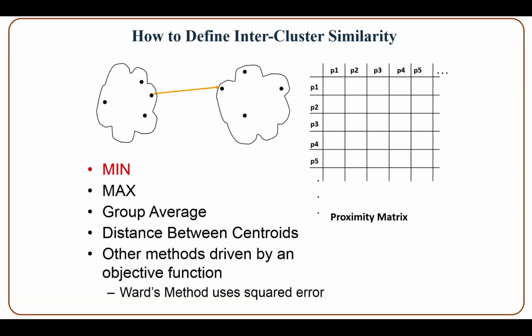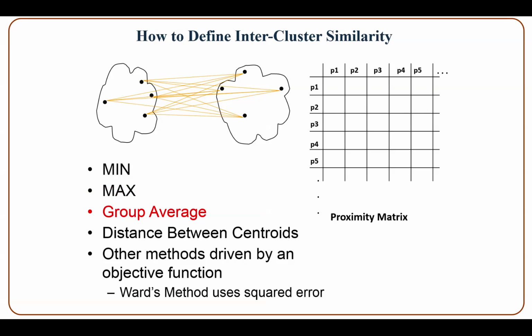Max takes the proximity between the farthest two points in different clusters to be the cluster proximity. Group average defines cluster proximity to be the average pairwise proximities of all pairs of points from different clusters.